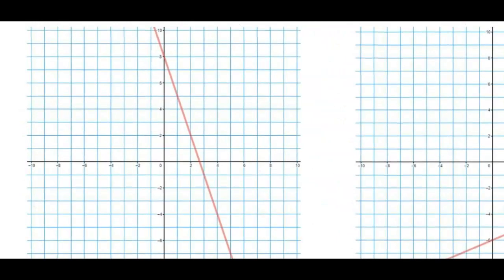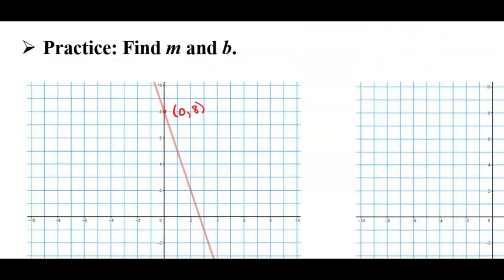The place where this graph crosses the y-axis is right here, where the red line crosses this vertical axis. And that's the ordered pair (0, 8). So if the instructions say find m and b, this tells me that b is equal to 8.